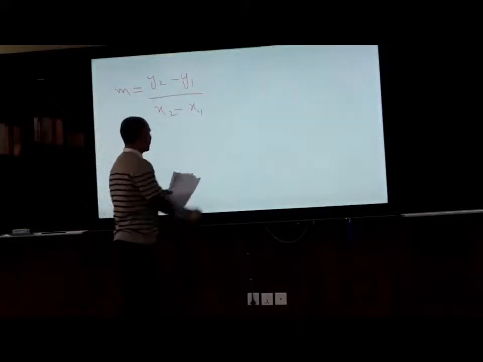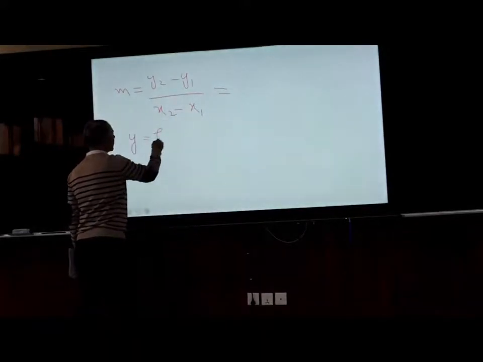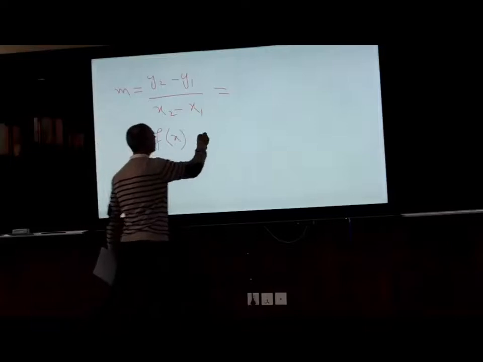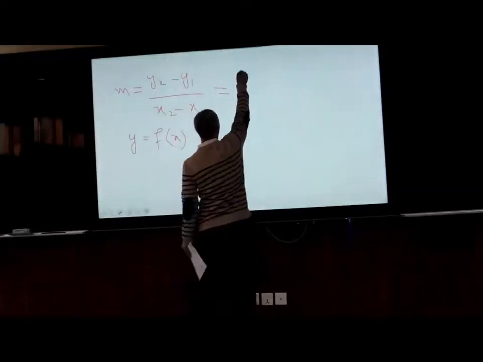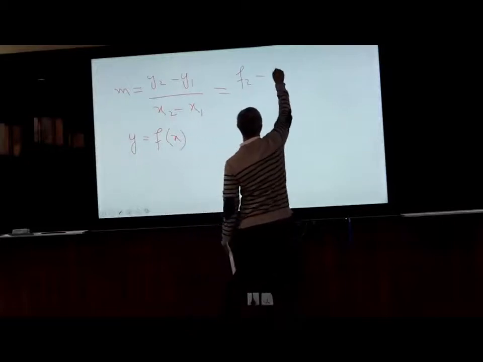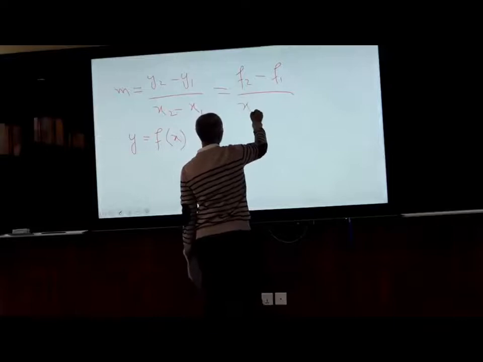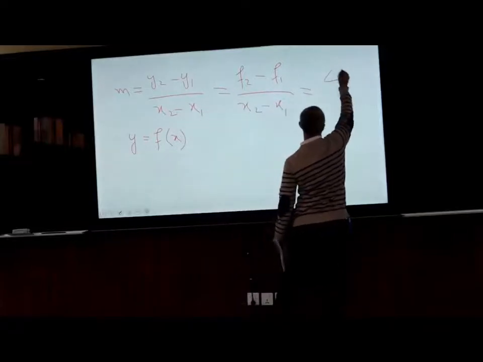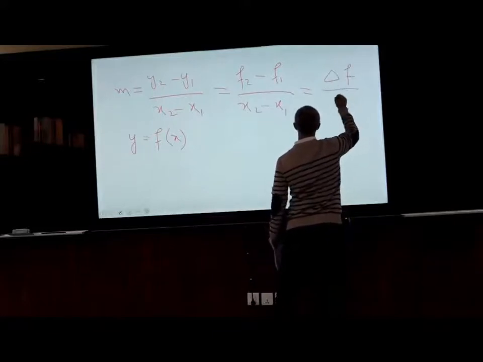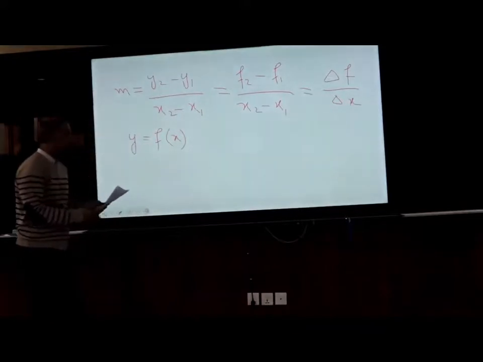As we know, y can be represented as a function of x, so we write f2 minus f1 instead of y2 minus y1, and this net change is along the function f.